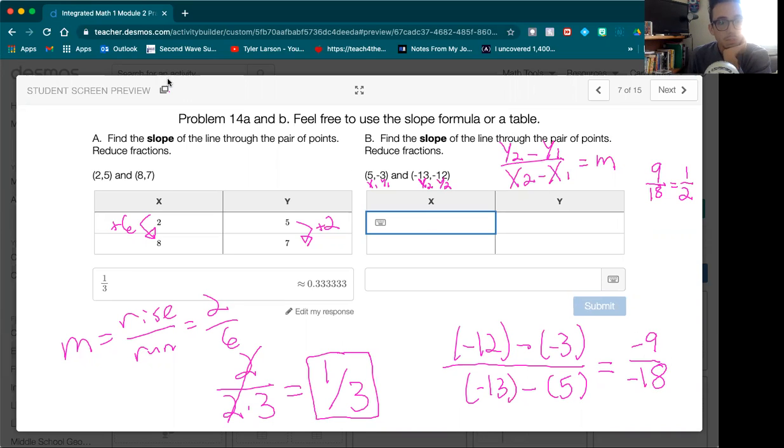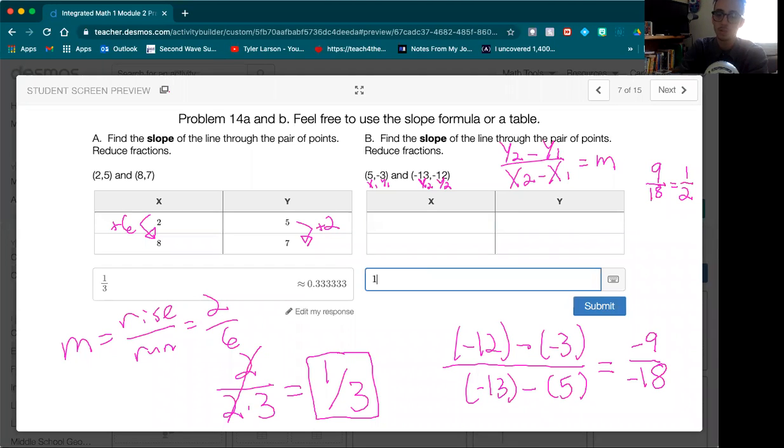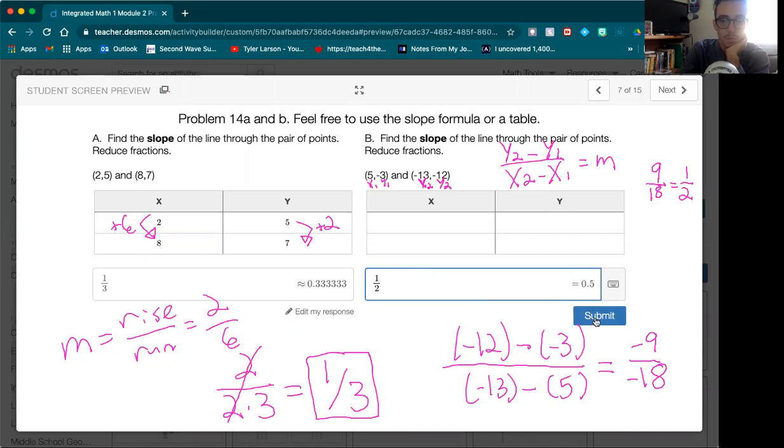Does that sound good? Makes sense to me. So 1/2 is our answer here. Submit it. Done. So you have 2 ways you can do this. You can use the table, get those rates of change for x, rates of change for y, or use the slope formula. You have a few approaches for that.